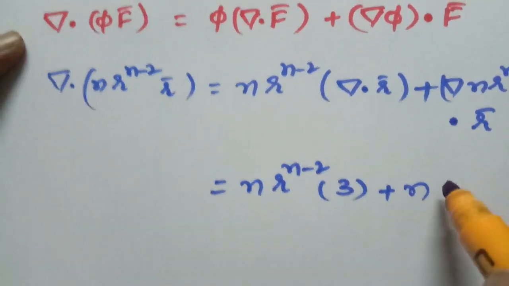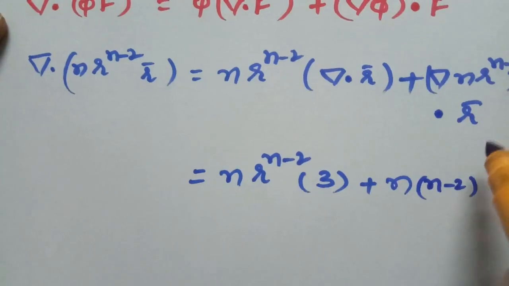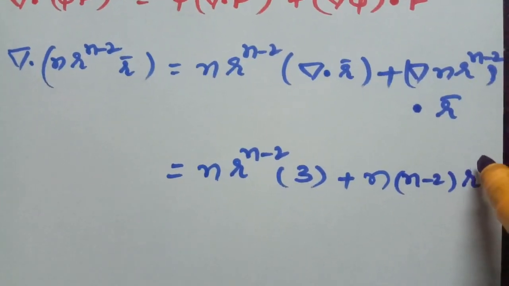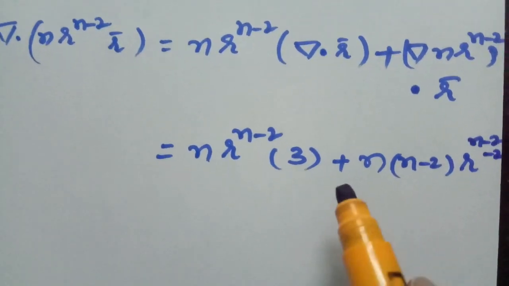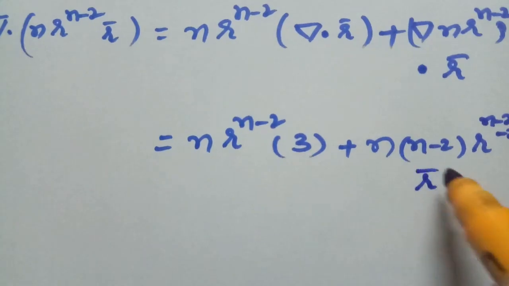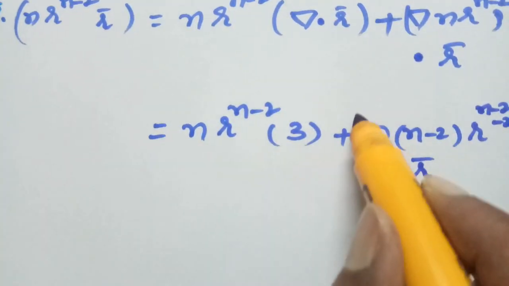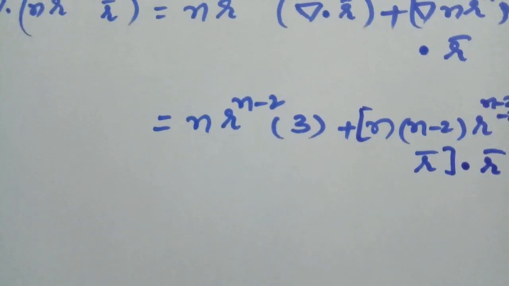Therefore, n minus 2 into r to the power of n minus 2 minus 2 into r bar dot r bar.